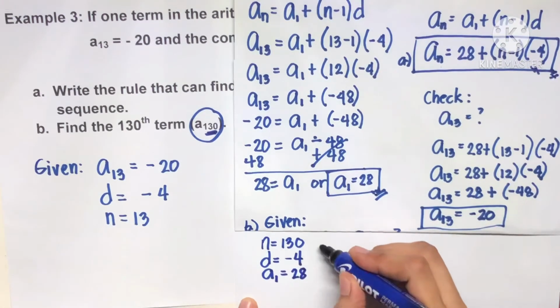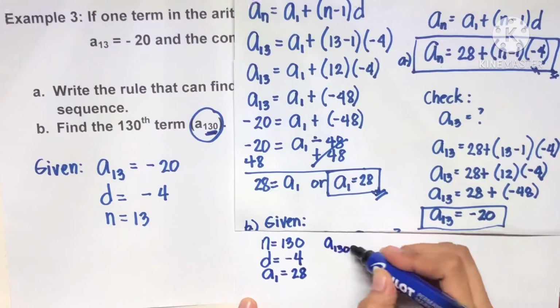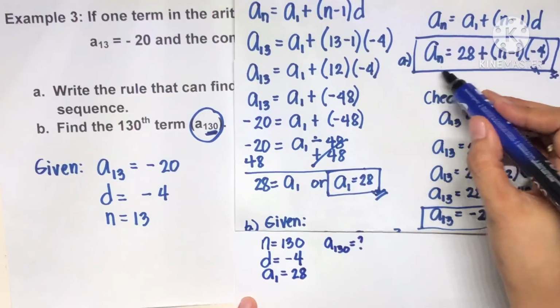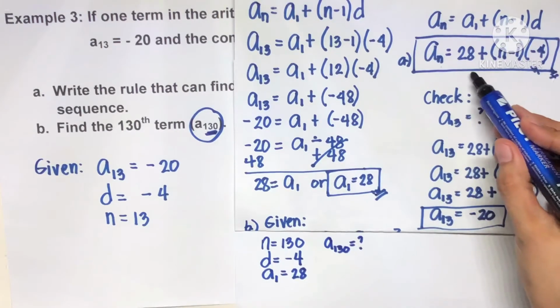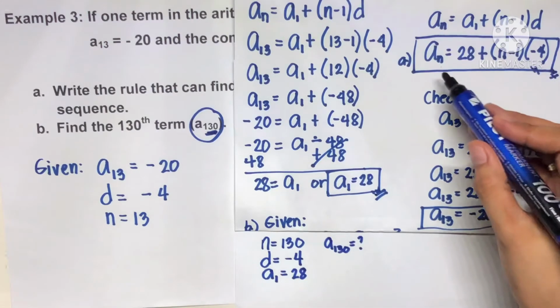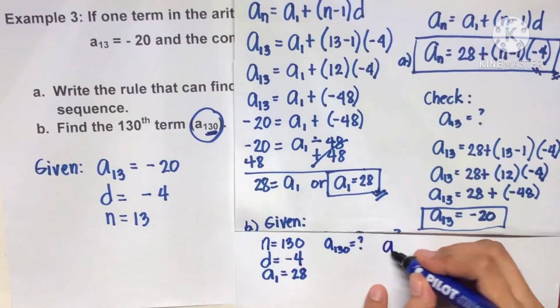And we are finding a sub 130. So we will be using this formula. A sub n is equal to 28 plus the quantity of n minus 1 times negative 4. So our a sub n, we are finding a sub 130.